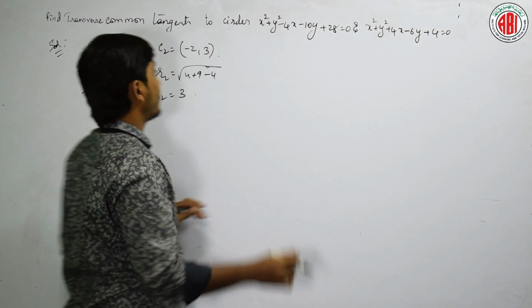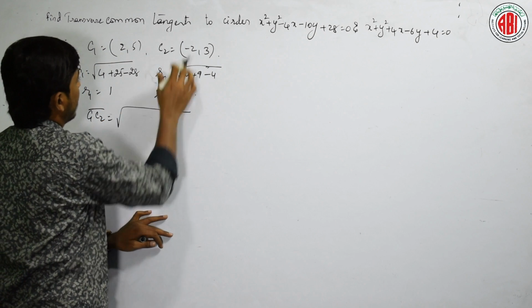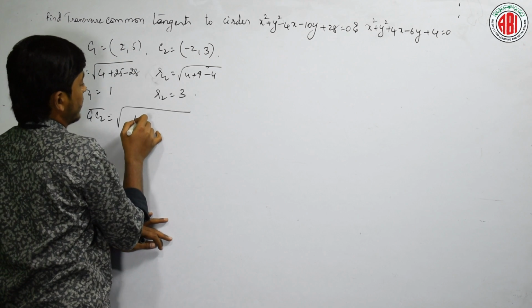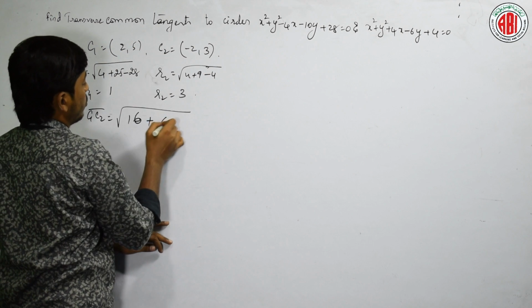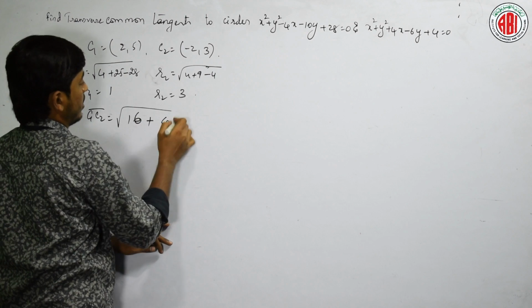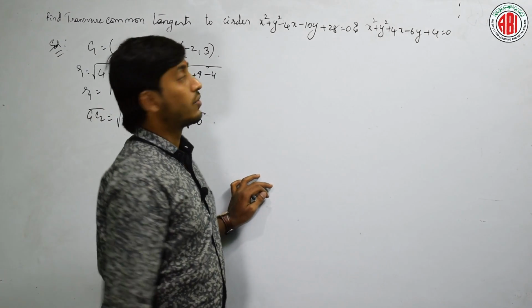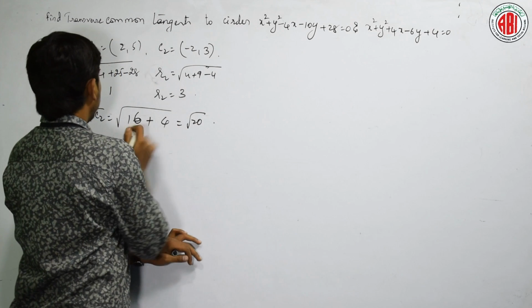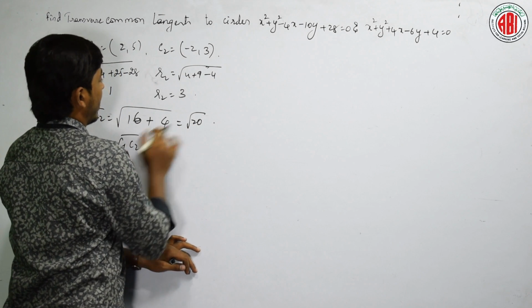So, let us find the value of C1 C2. The distance C1 C2 is under root of minus 2 minus 2 is minus 4, 4 square is 16, 3 minus 5 is minus 2, 2 square is 4, so this is root 20. Is it right? So, now tell me, C1 C2 is root 20, and what about R1 plus R2?